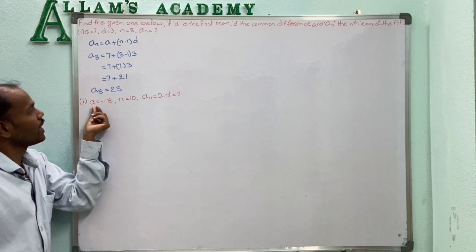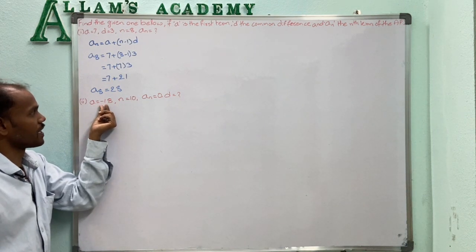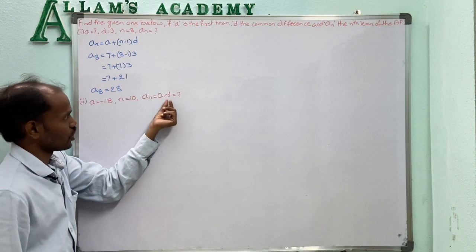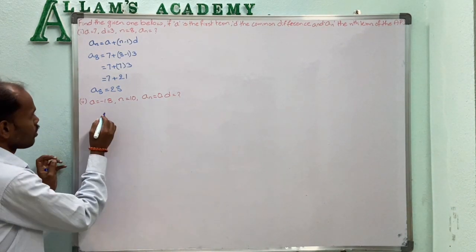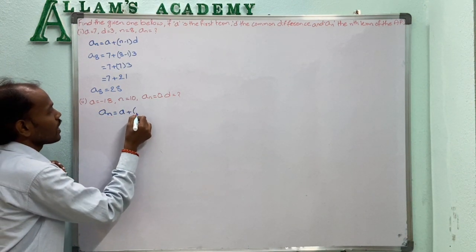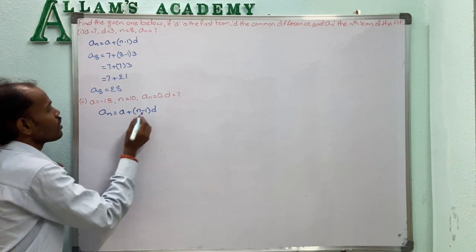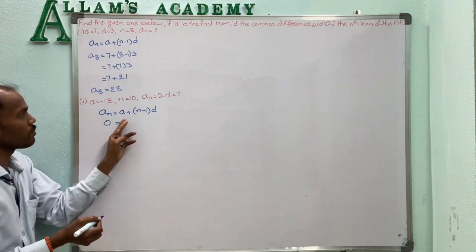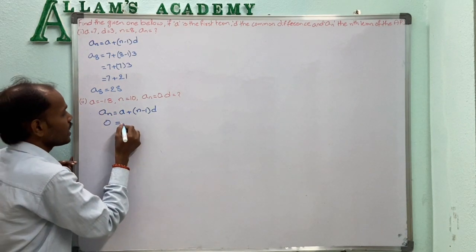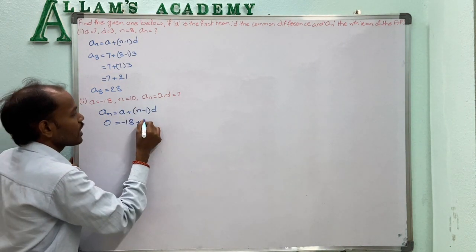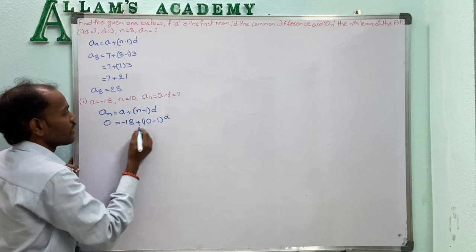Now here given the first term a equal to minus 18, n equal to 10, an equal to 0, d equal to how much? By the general form an equal to a plus n minus 1 into d, with an equal to 0, a equal to minus 18, and n equal to 10.